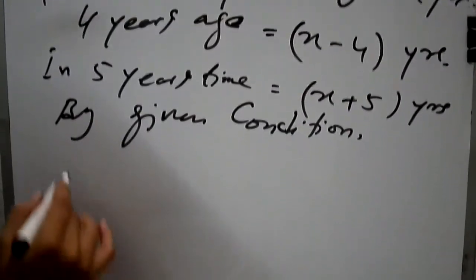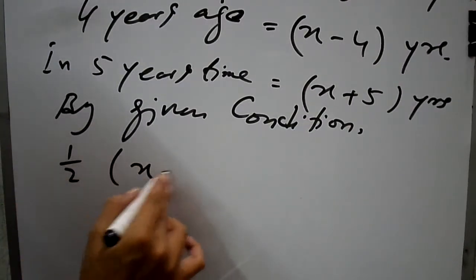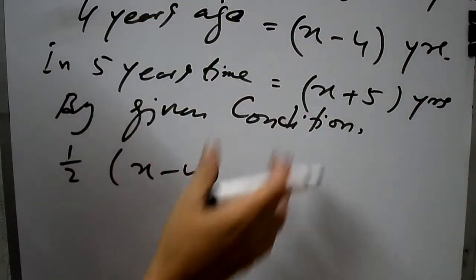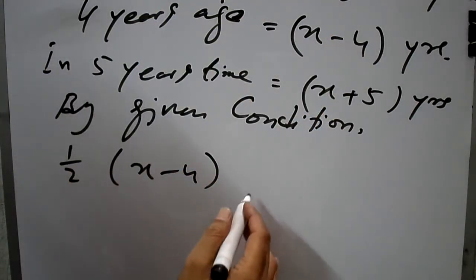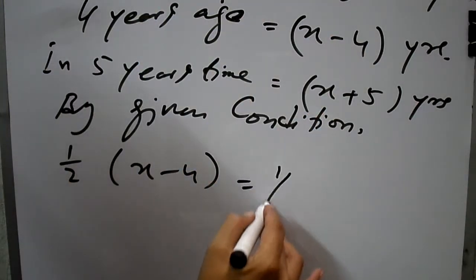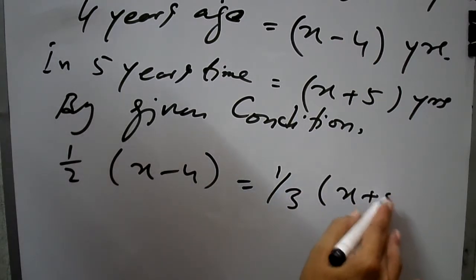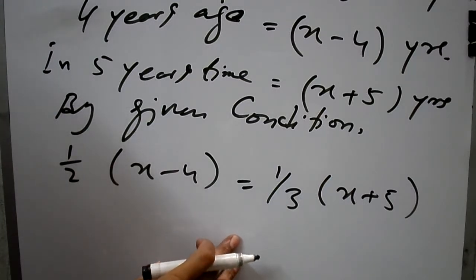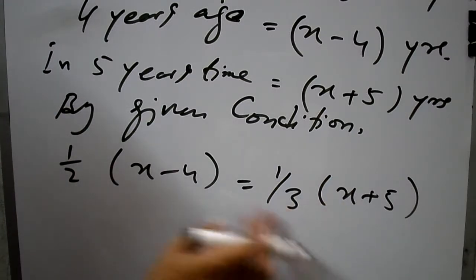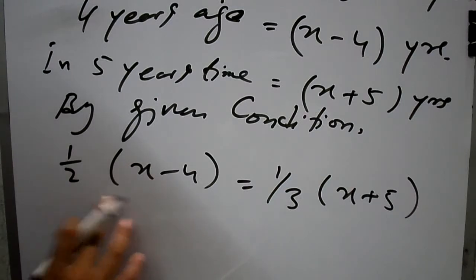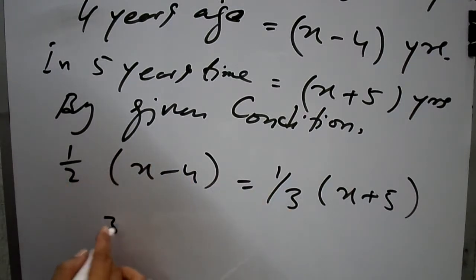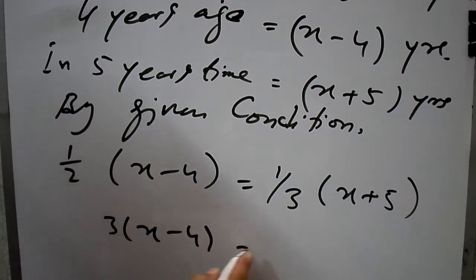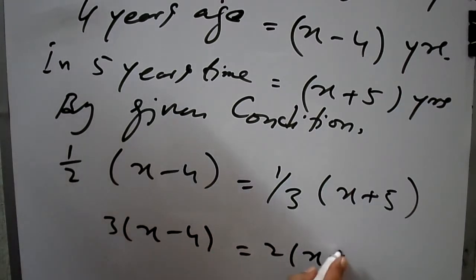By the given condition, half of John's age 4 years ago equals 1/3 of his age in 5 years' time. By using cross multiplication, because both are in brackets, you will get 3 into x minus 4 equals 2 into x plus 5.